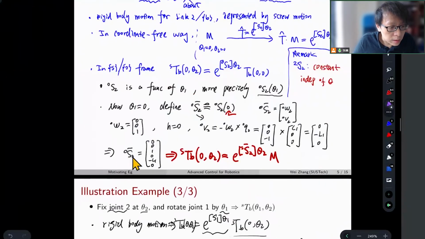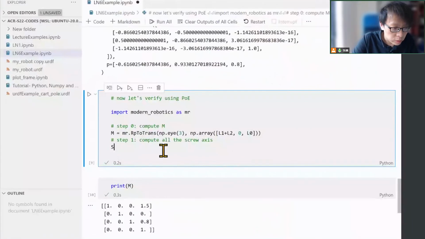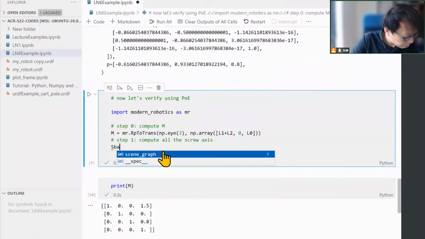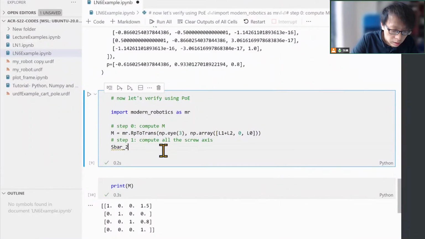The first one is S bar 2 in 0. We can directly type it in, but we can also use the Modern Robotics function to find it. Let's call it S bar 2 in 0. That's my notation for now.